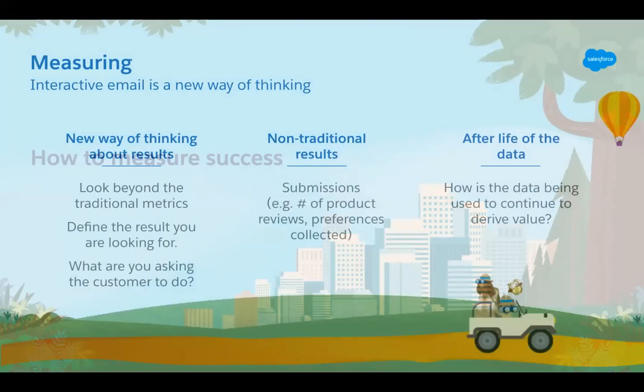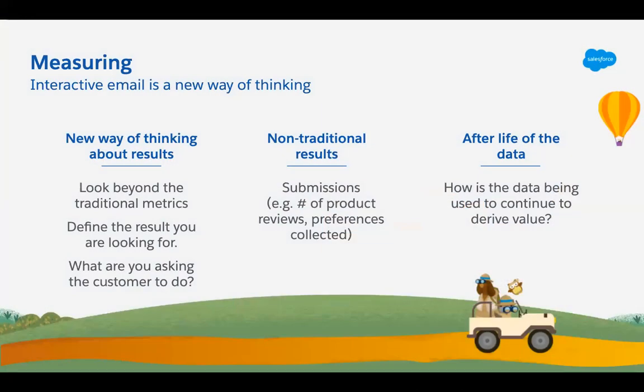I've touched on this before, but when we're thinking about interactive email, because you're not always driving to a landing page or collecting that click data, you really have to rethink how you're measuring campaign success. Opens and clicks are great, but in this case, they might not cover it, because an interactive campaign might reduce the number of clicks, because you may be getting that person to do what you wanted them to in the email, and there's no reason for them to go to a site.